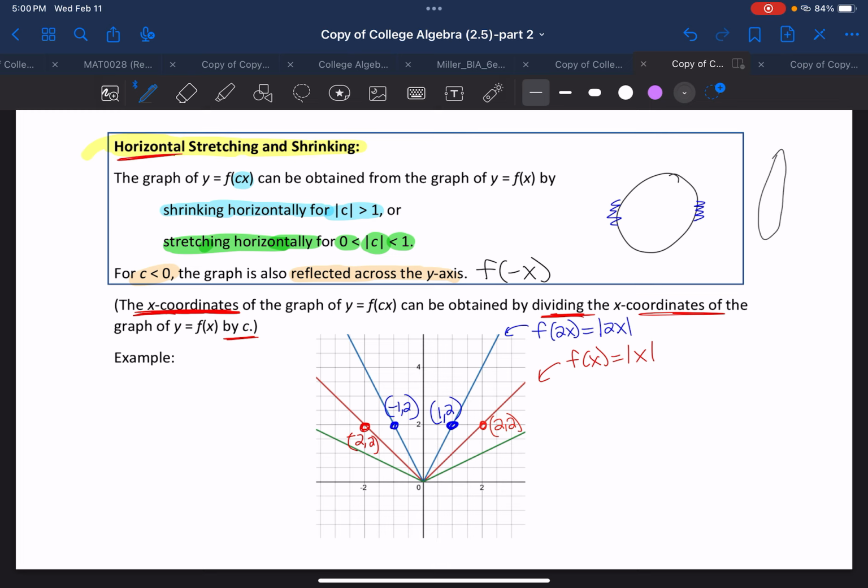Same thing as a vertical stretch. But this is a shrinking horizontally because now I'm pushing it in and it's getting smaller. And then if I still had my same hands there where I have them in blue and I tell you to stretch it, then it would look like this. Get wider.